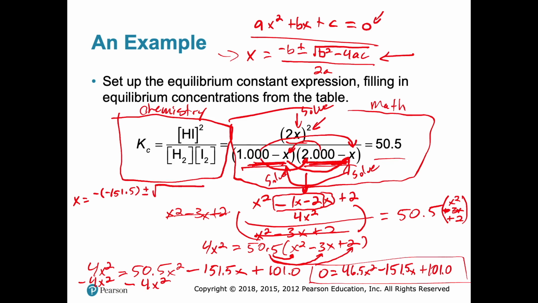The square root of, again, negative 151.5 squared minus 4 times 46.5, because that's A, times 101, because that's C, right? All this is divided by 2 times 46.5.